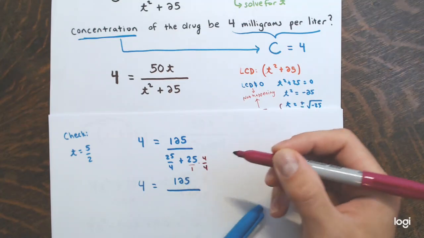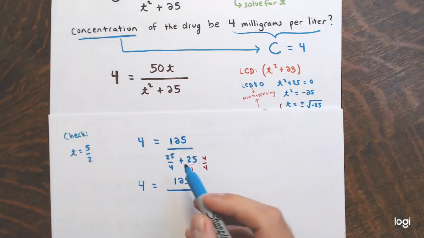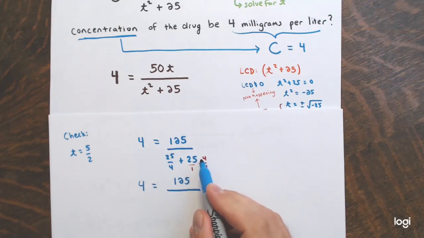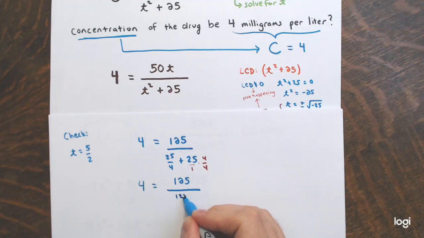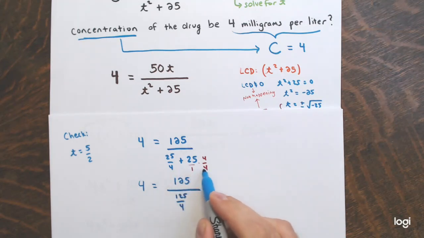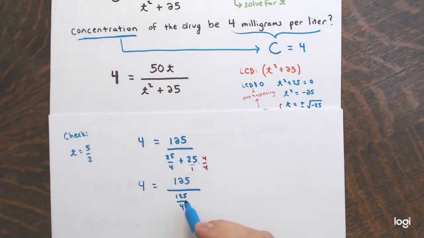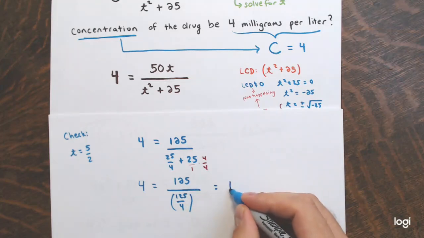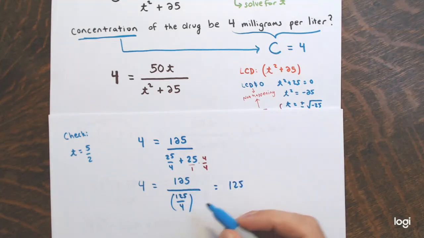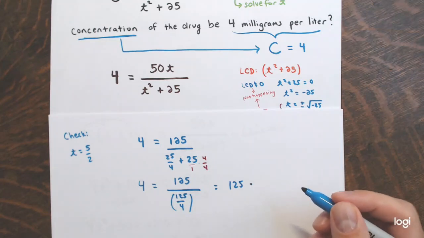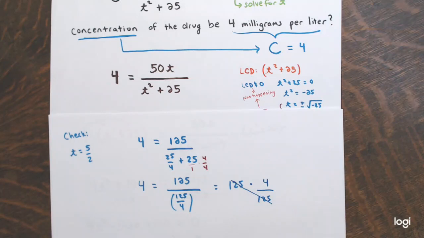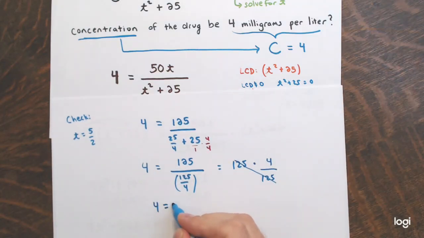So I'd multiply by 4 over 4. And that would give me 25 plus 100. Right? 4 times 25. So 125 over 4. Right? The common denominator before. And when you add or subtract and you have a common denominator, that denominator stays. And then 125 over 4 is the same thing as 125 times the reciprocal, 4 over 125, and the 125s would cancel, and I am indeed getting 4 equals 4.